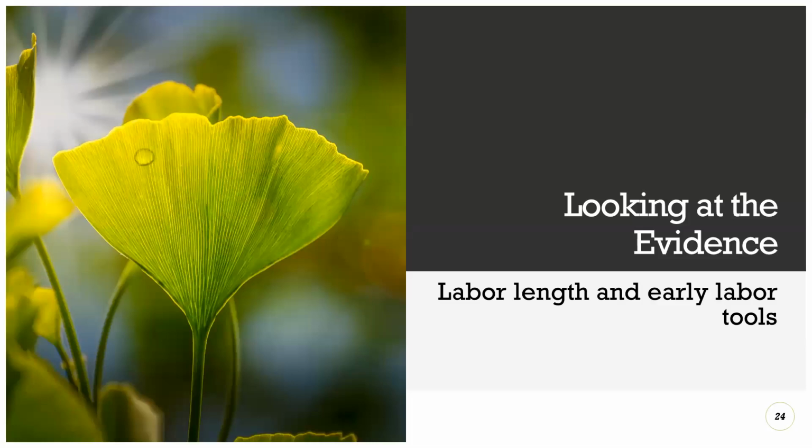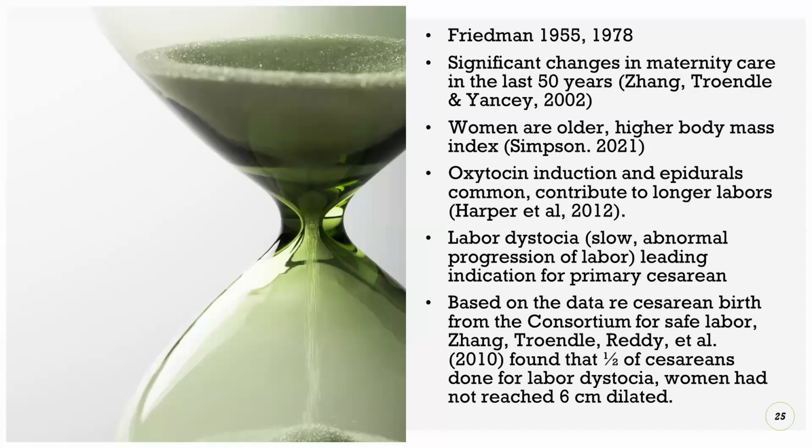Let's look at labor length and our early labor tools. Let's break down, what does the evidence say? So the Friedman curve, which is what we really base most of our labor lengths on, was studied in 1955.